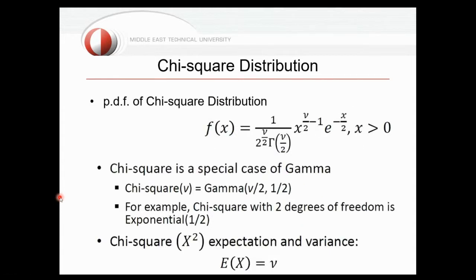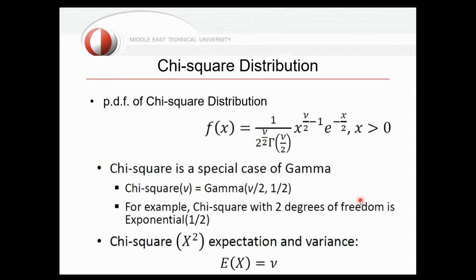Okay, so first thing we should know about the probability density function of chi-square. So this is the one, and you can see the parameter as V. V is actually degree of freedom, nothing different than that. So whatever you know about degree of freedom, this is the same thing here.